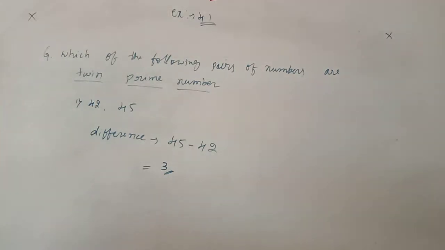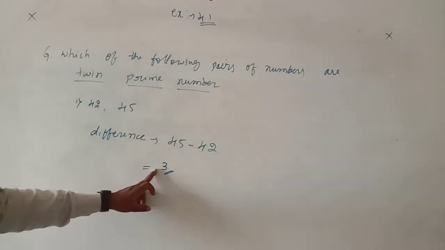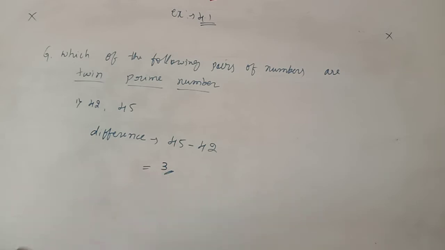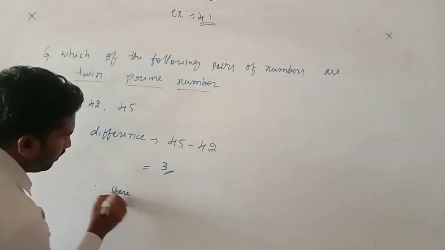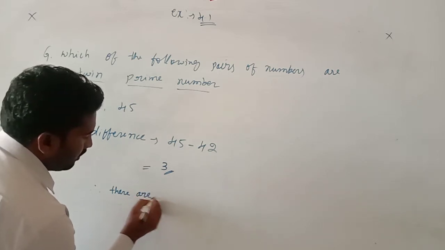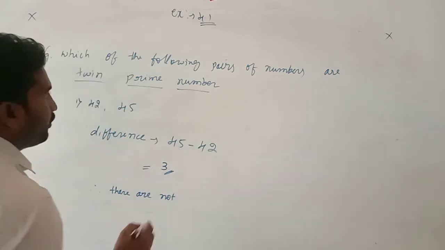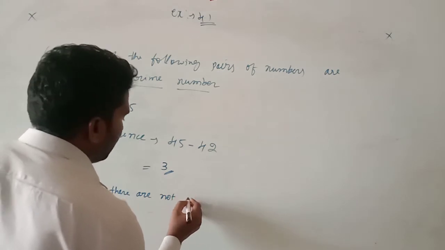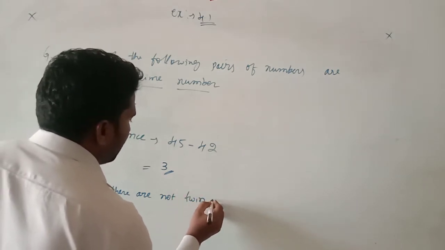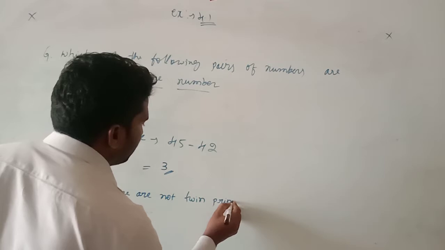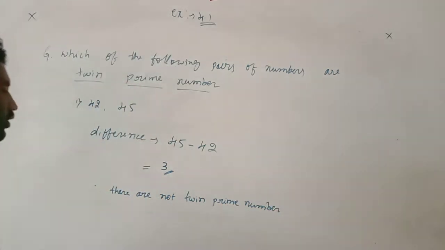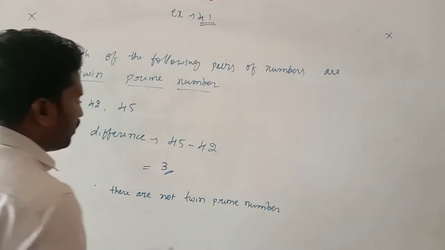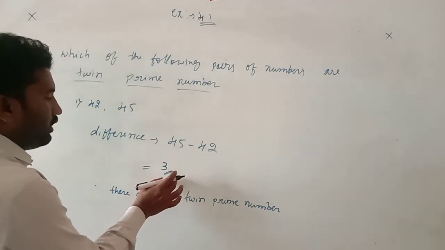So it is not a twin prime pair because the difference is 3. Therefore these are not twin prime numbers.